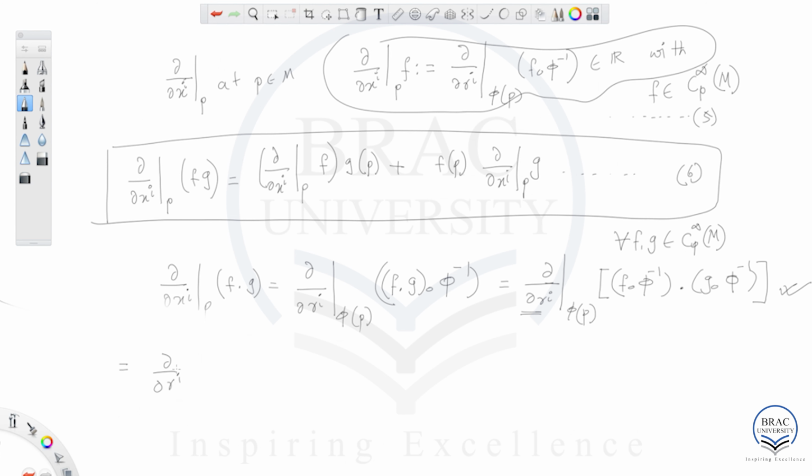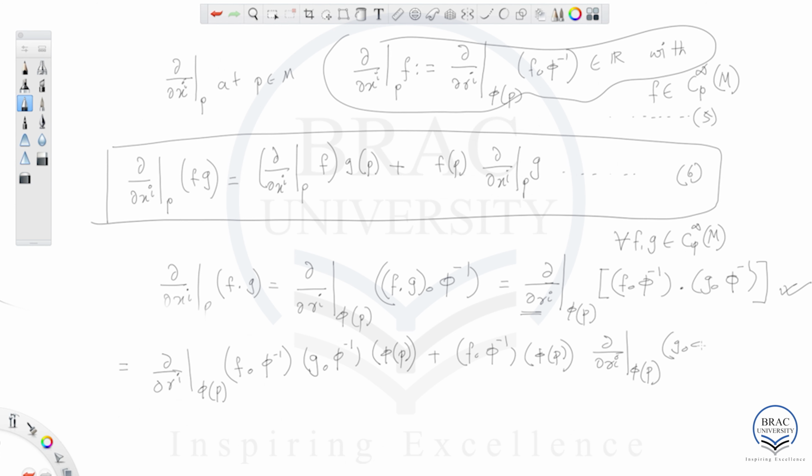So this is ∂/∂r^i at φ(p) will act on this guy first, f composed with φ inverse, and g composed with φ inverse evaluated at φ(p), right, plus f composed with φ inverse evaluated at φ(p) times ∂/∂r^i at φ(p).